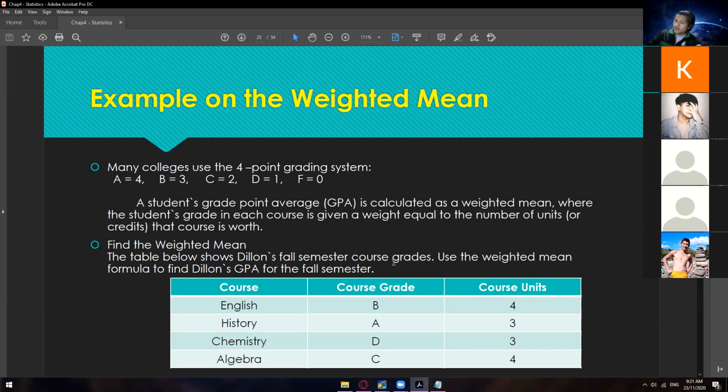In here, as you can see, we have the course units. In that school, course units matter. So the higher the course units, the higher the percentage that you will get from your grade.